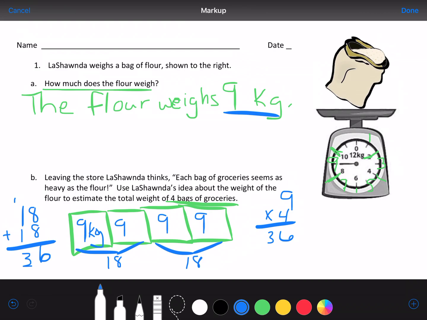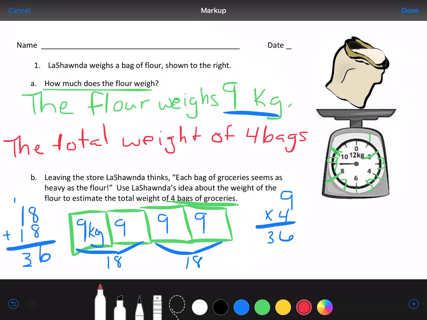And then again, I like to reread to make sure I didn't miss anything. And so I also like to be able to write a sentence. So it says, use LaShonda's idea about the weight of the flour to estimate the total weight of 4 bags. So then I would write the total weight of 4 bags is about 36, and if you stop there, you'll get it wrong because you've got to have the unit of measure.